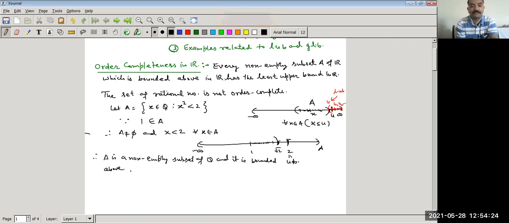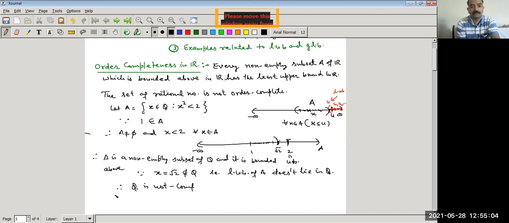But A does not satisfy the least upper bound property, because x equal to root 2 does not belong to Q. Therefore, the LUB, the least upper bound of A, does not lie in the set of rational numbers Q. Therefore, Q is not complete.